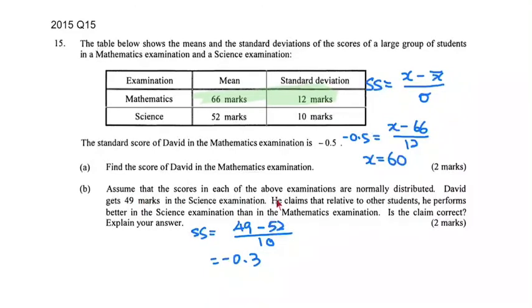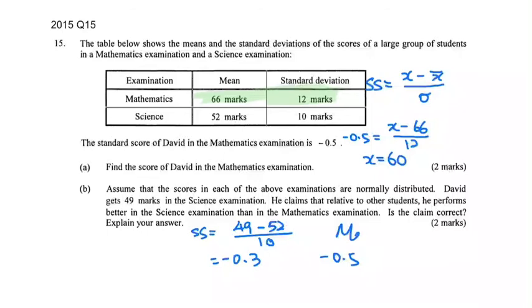And what's the question asking, by the way? David says that he performs better in the science exam than in the maths exam. Is this true or not? The standard score of his science is negative 0.3, while the maths exam is negative 0.5.